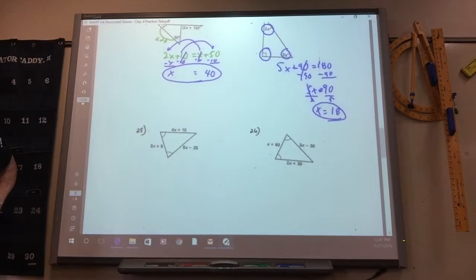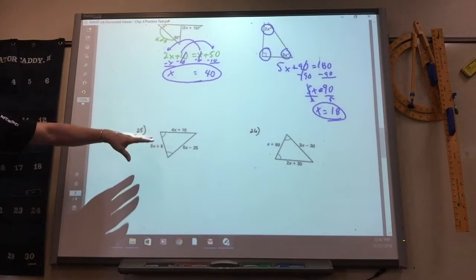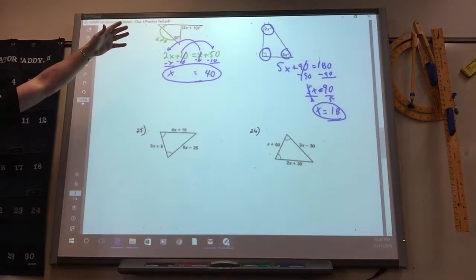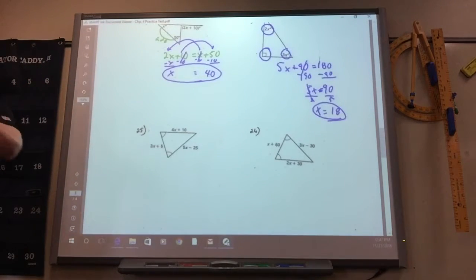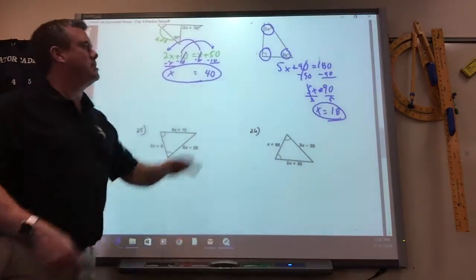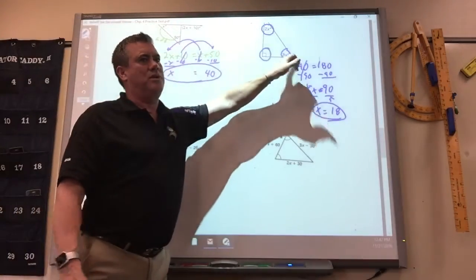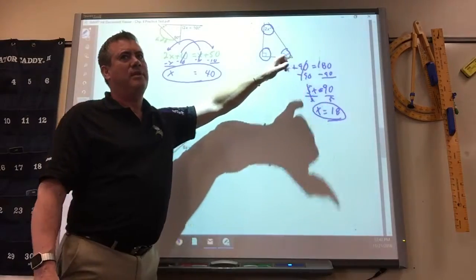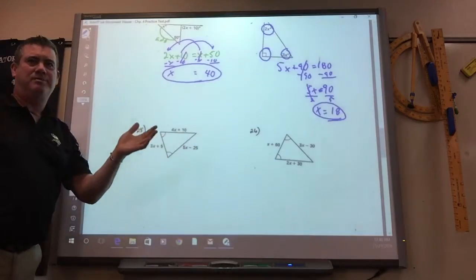Now, these two a lot of times get people. How are these two different than the previous six we did? These are on the outside. These are sides. They're not angles. So if you don't pay attention, it's easy to get caught in this where they all add up to 180, but the sides don't add up to 180.